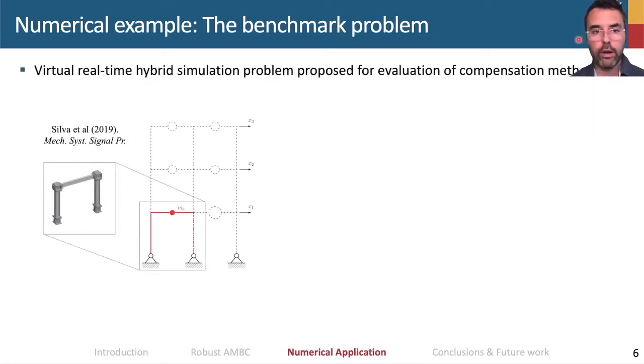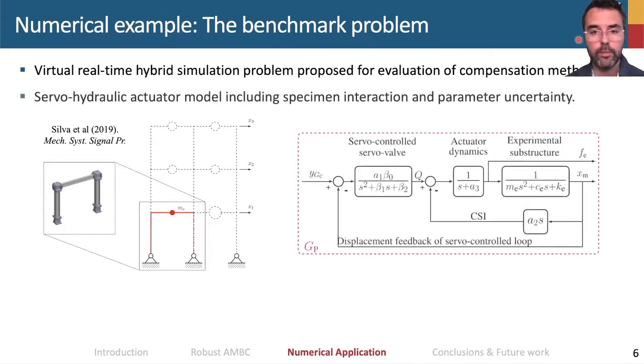For numerical validation, we consider the virtual real-time hardware simulation problem that was proposed by Silva et al. in 2019. The figure on the left shows basically a three-story building with a single degree of freedom experimental substructure that is considered for the purpose of the study.